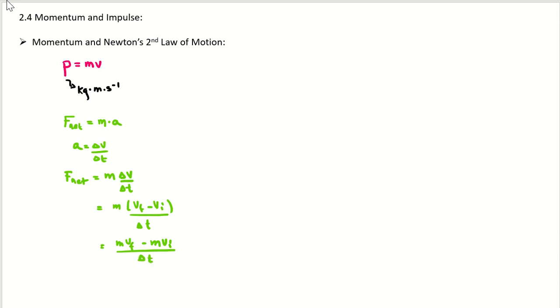And so I can conclude that this F net is simply equal to the final momentum minus the initial momentum, or in other words, F net is equal to the change of the momentum over the time interval at which this change occurs. So if you look at this equation here, this is called Newton's second law in terms of momentum.